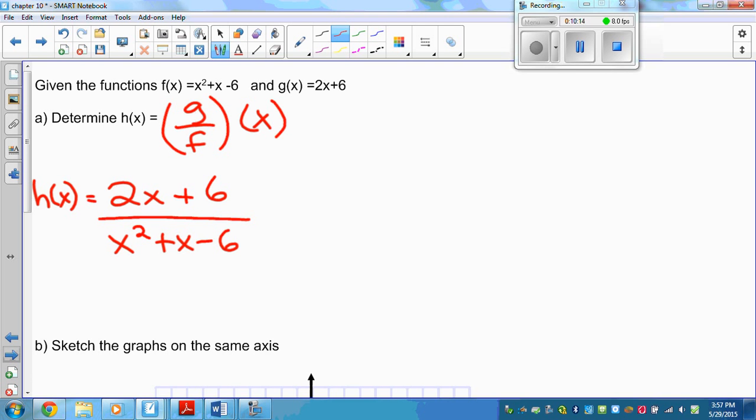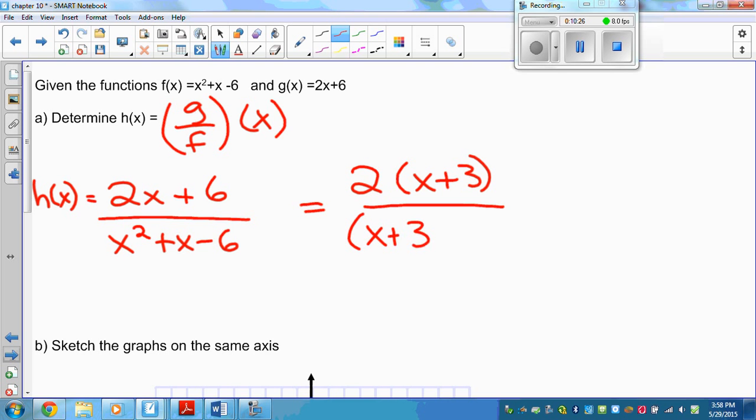So I'm going to see if I can factor this. If I take out a 2, I have x plus 3. On the bottom, I need to find two things that multiply to be negative 6 and add to be positive 1. So we should see already that we're going to have something cancel out, but I need to think about my non-permissible values. Well, x cannot be negative 3 and x cannot be 2.